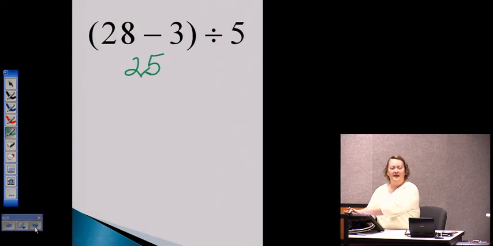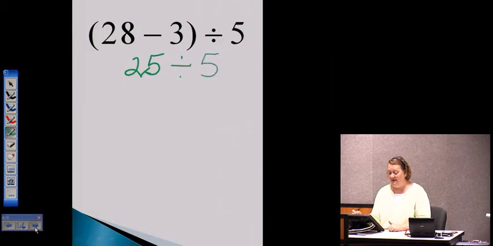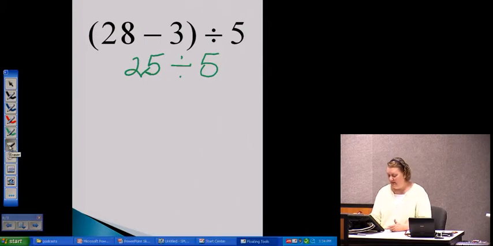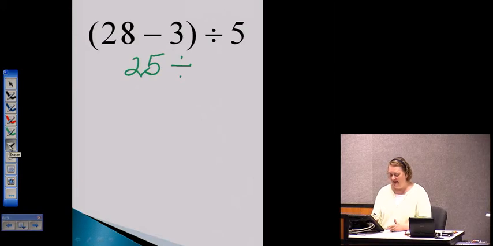Again, I covered up that part of the screen. And now I'm going to bring down the divided by 5. I've only got one operation left. I'll complete that operation. 25 divided by, and yes, that doesn't look much like 5, so let me rewrite it. 25 divided by 5 then gives me my answer, which is 5.